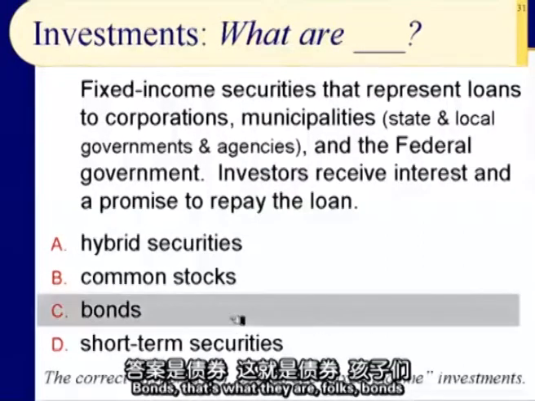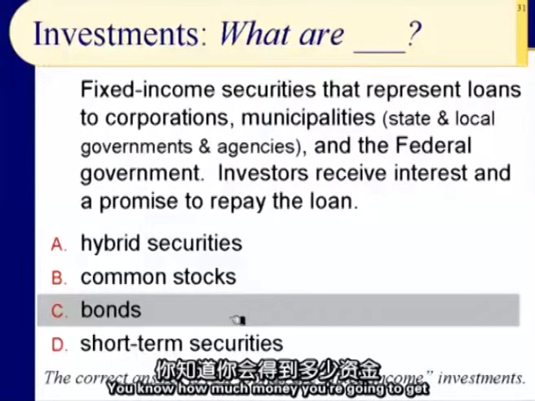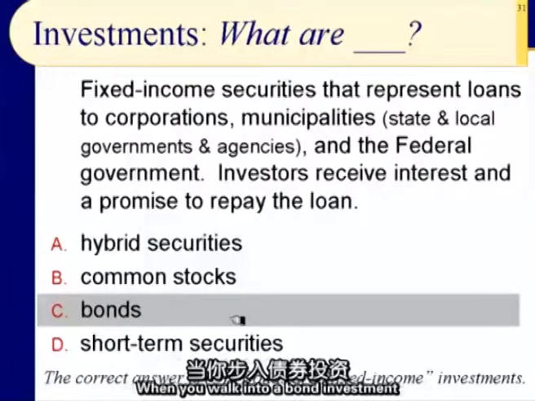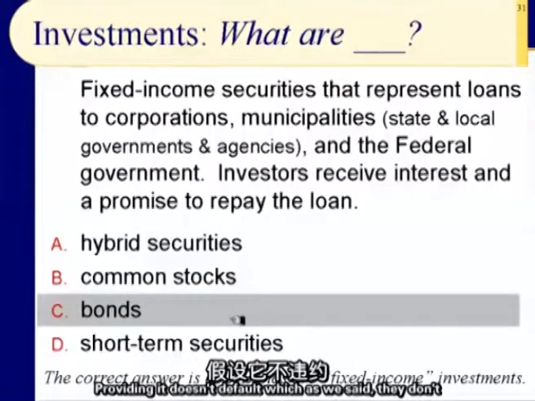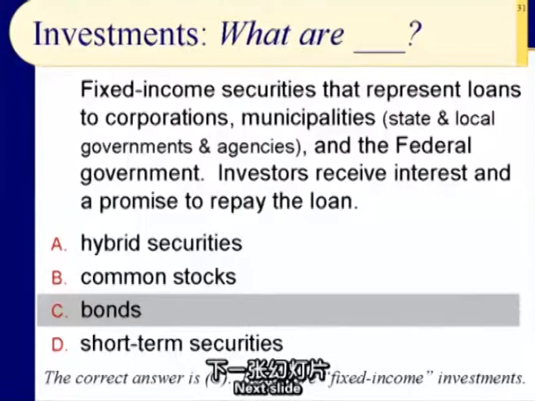That's what they are, folks. Bonds. Bonds are fixed income investments. You know how much money you're going to get when you walk into a bond investment, providing it doesn't default, which, as we said, most don't. Next slide.